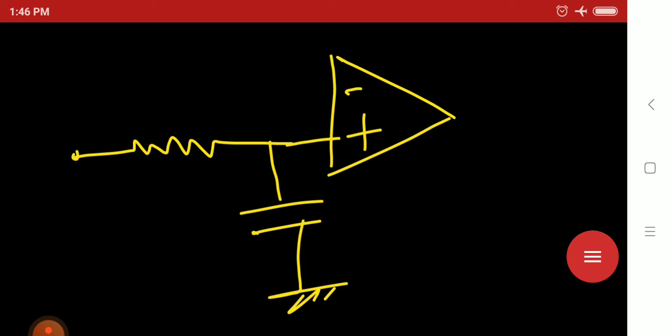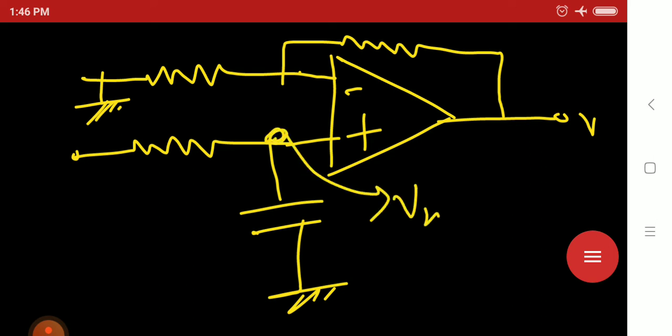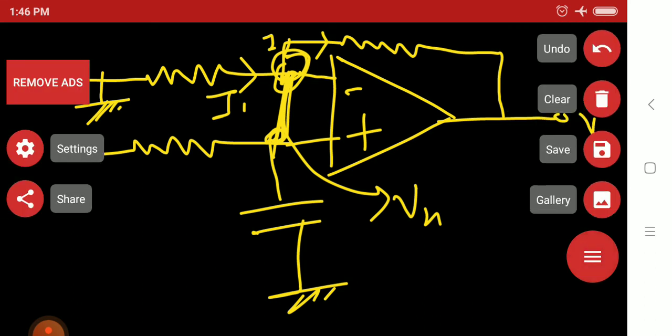Now here resistance, here again resistance, here it is grounded. So this point Vx we have calculated. So at this point also same voltage is there, Vx, here also Vx. So now let us consider here I1 current is flowing and here I2 current is flowing. Okay, so what is the rule to calculate here?